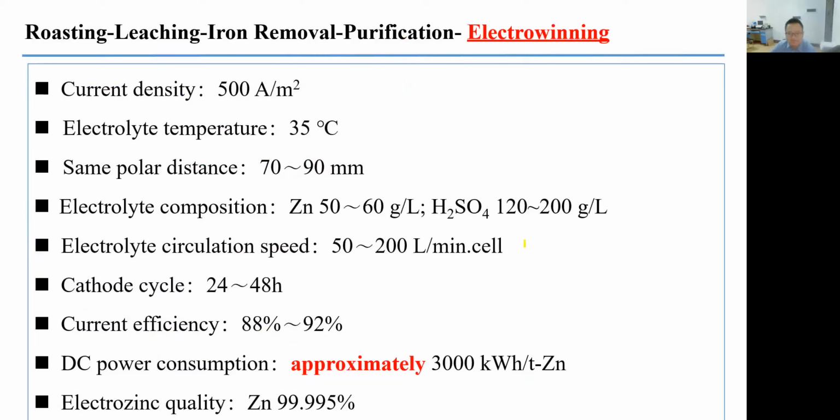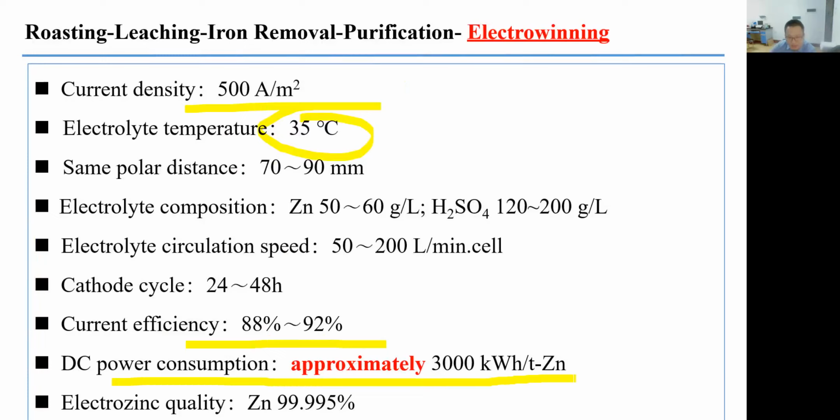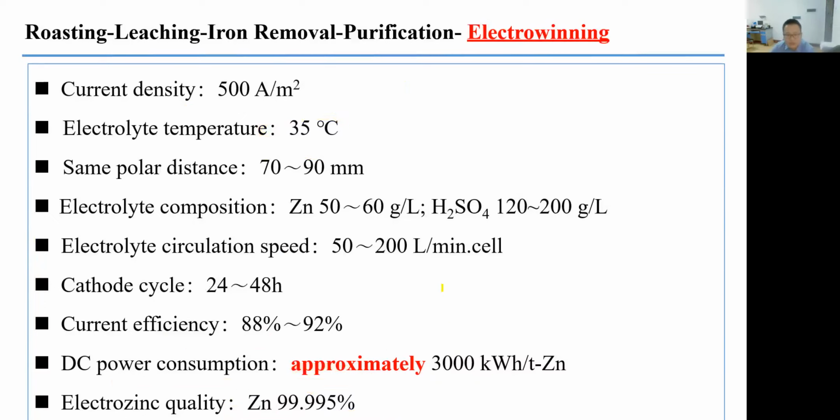There are a number of processing parameters for the electrowinning process, like temperature, current density, current efficiency, and consumption of DC power, like 3,000, and the quality is around 99.99. So this is an industrial, well processed, good process.